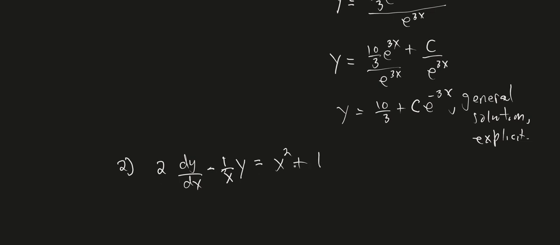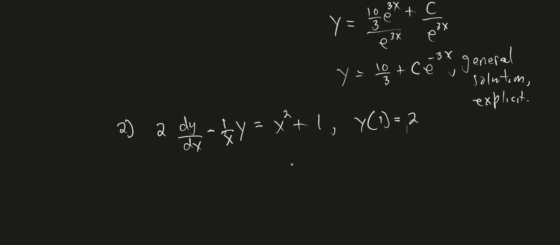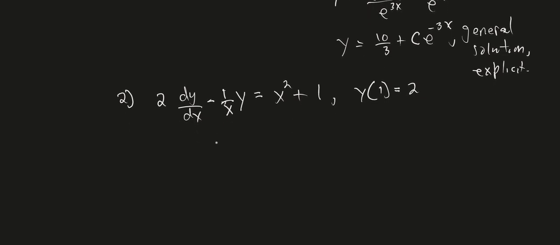Alright, so there's our differential equation, and let's take an initial condition. Let's say that when x is equal to 1, y is equal to 2. Alright, let's see if we can solve this.